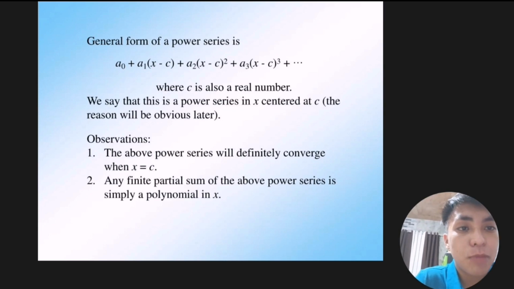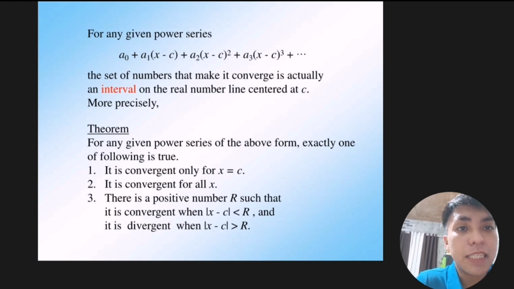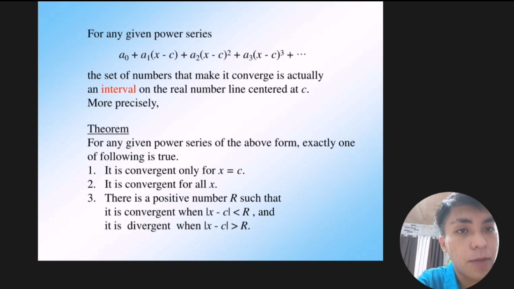Any finite partial sum of the above power series is simply a polynomial in x. For any given power series, the set of numbers that make it converge is actually an interval on the real number line, centered at c to be more precise.